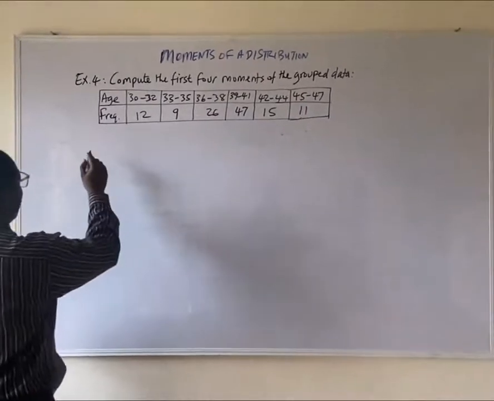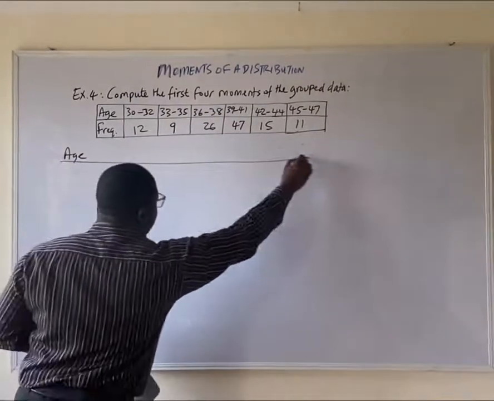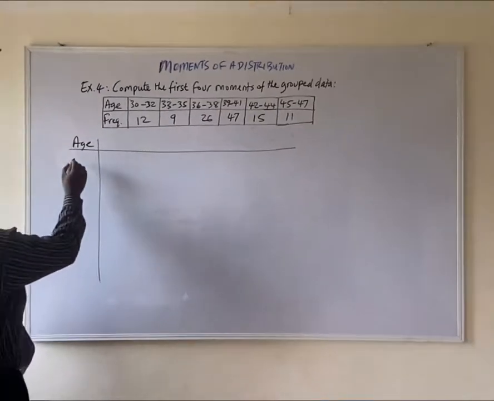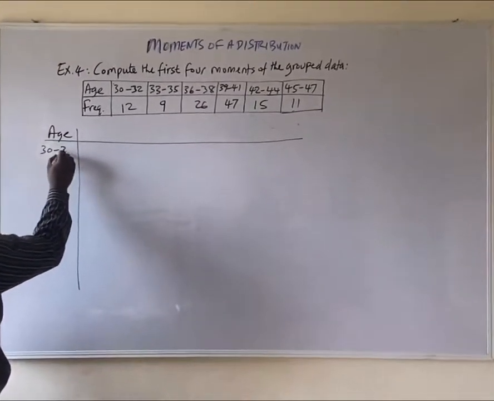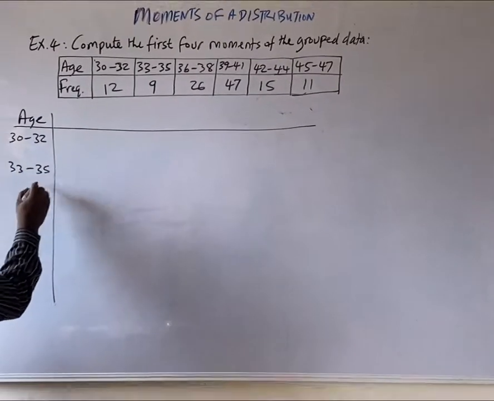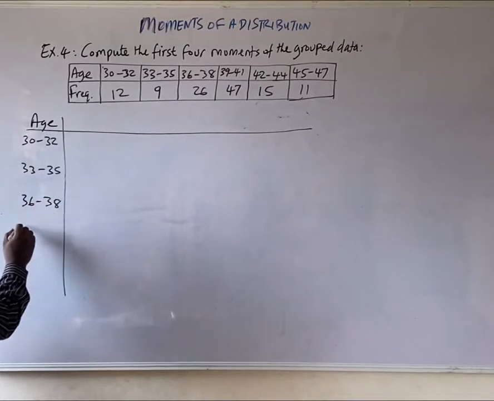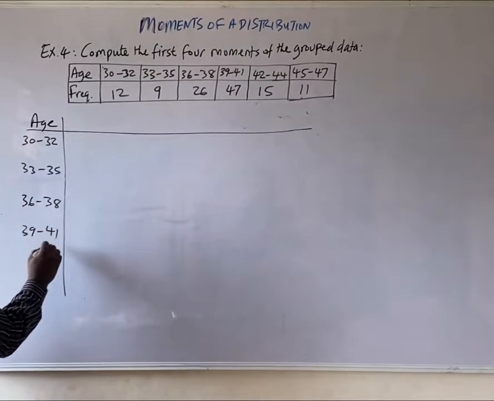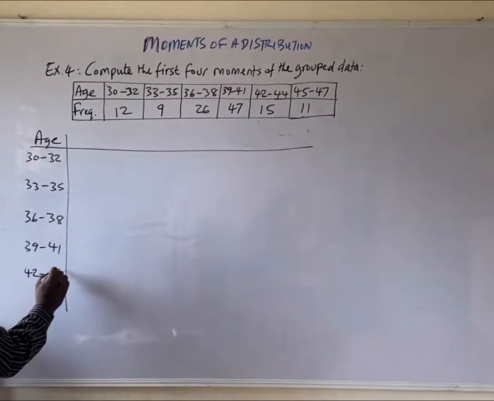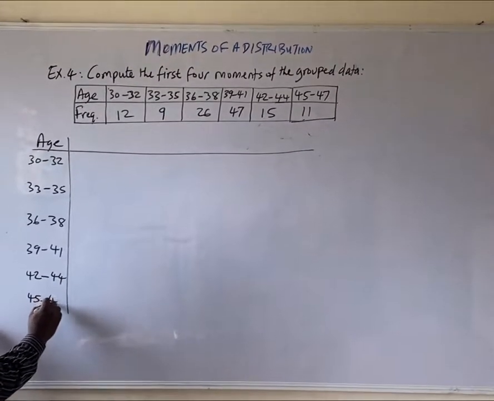As usual, we will have our group given, and then we write out the group. We have 30 to 32, and we have 33 to 35, 36 to 38, 39 to 41, 42 to 44, then 45 to 49.